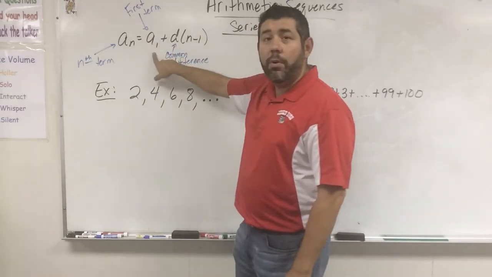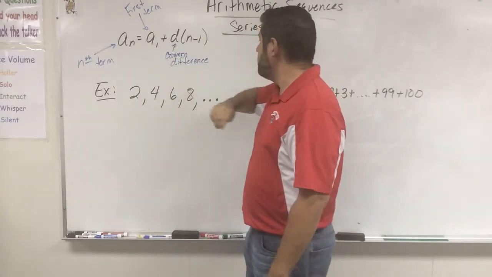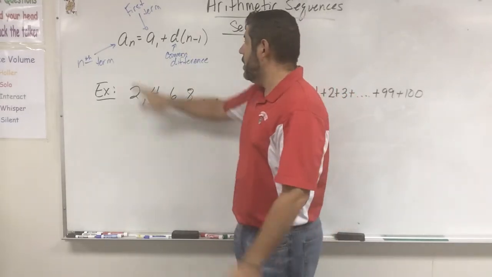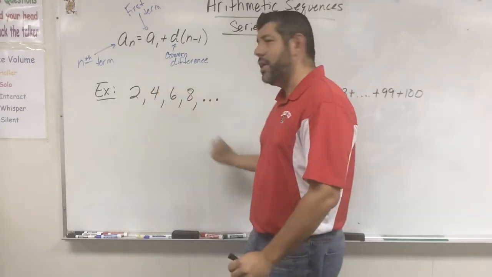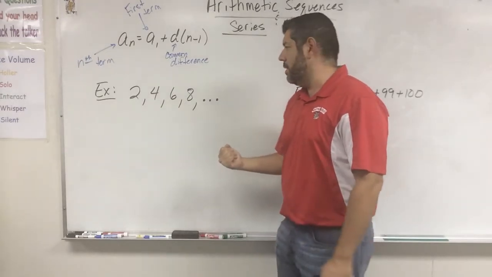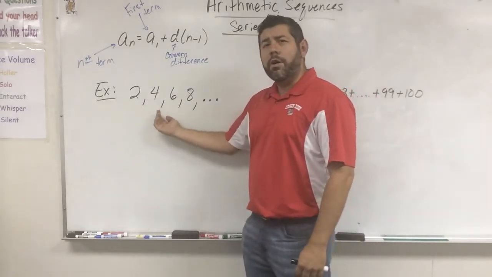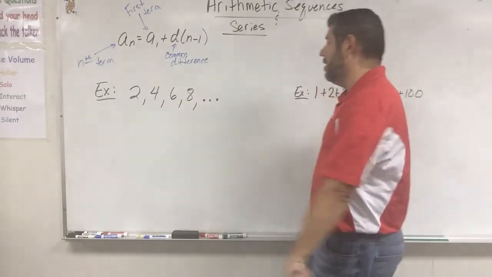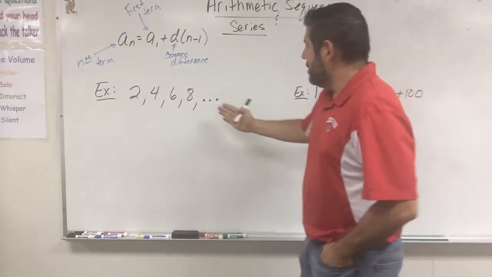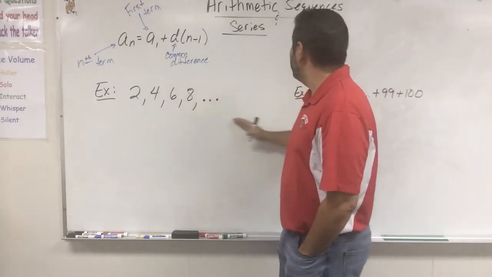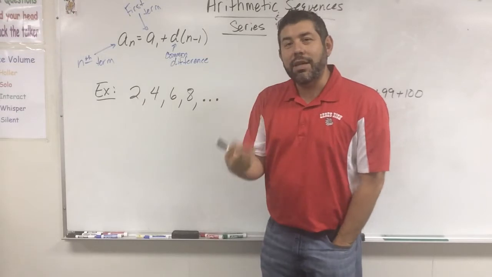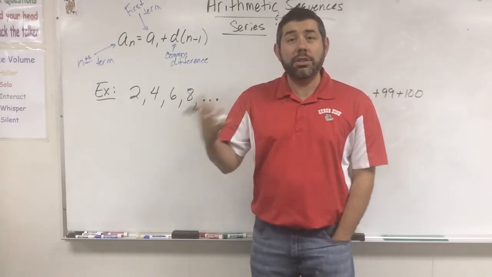This right here, a sub 1, is my first term. d is my common difference, n is the term number that I want, and a sub n is the nth term. So let's take a look at an arithmetic sequence. 2, 4, 6, 8. Who do we appreciate? So this is an arithmetic sequence, and it's arithmetic because to get to the next number, all we're doing is adding 2 each time.